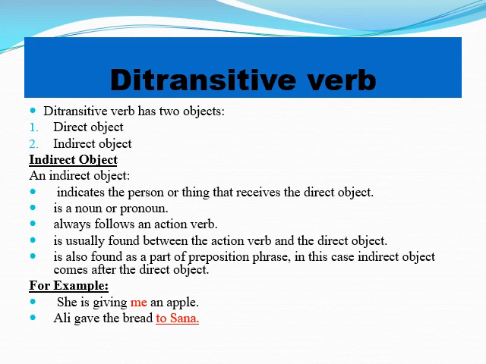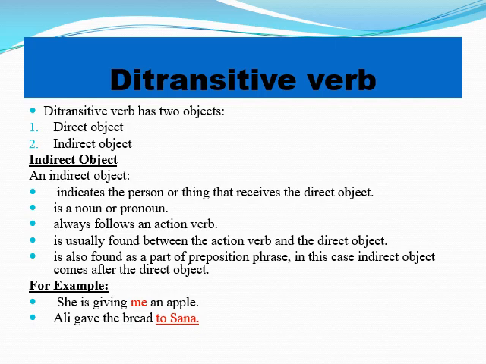First comes the subject Ali, then action verb gave, then direct object bread, and then indirect object Sana. In this example, indirect object comes after the direct object. In this form, indirect object is also called prepositional object.